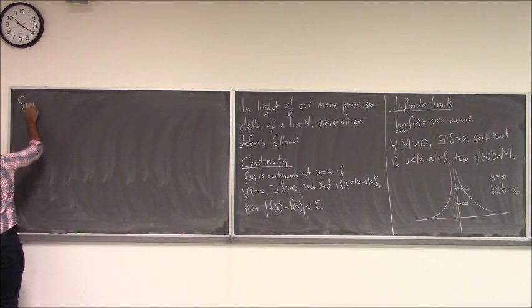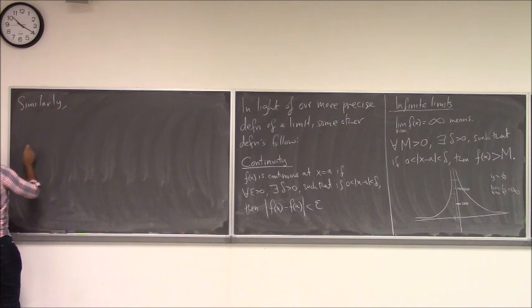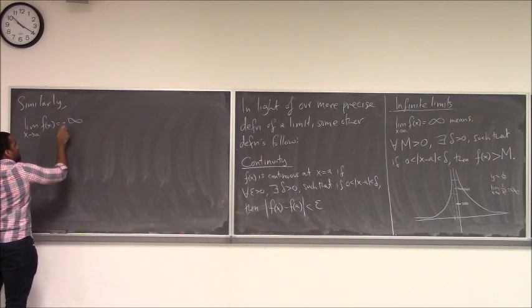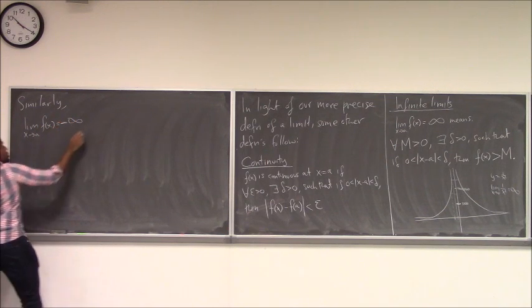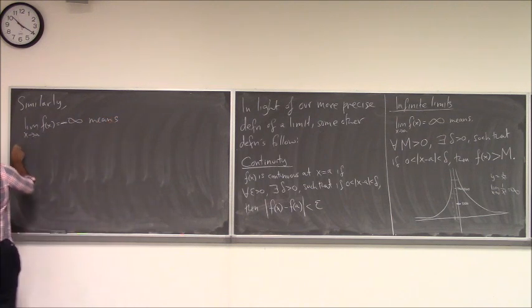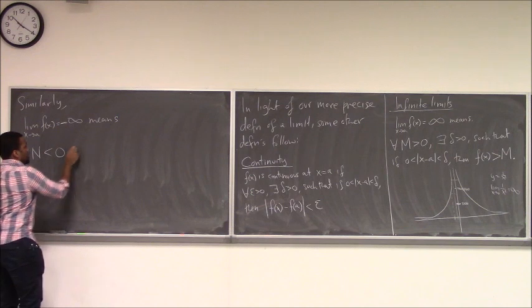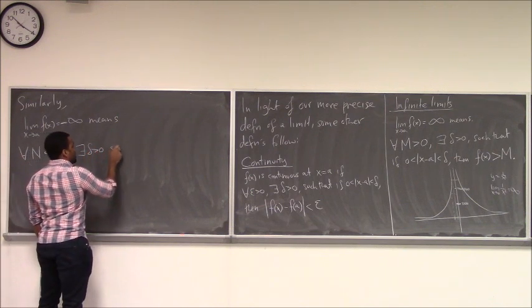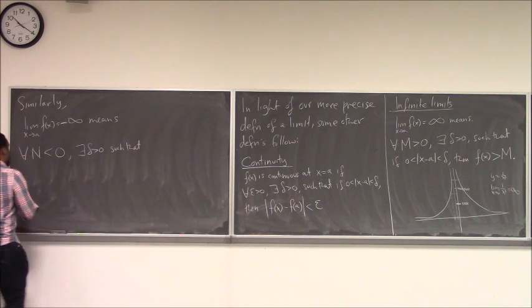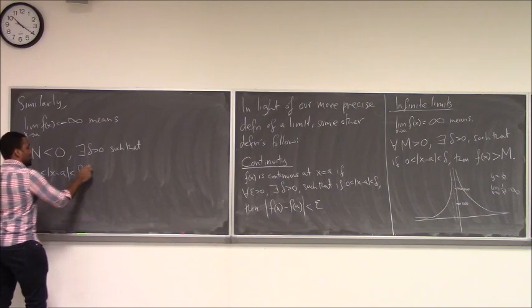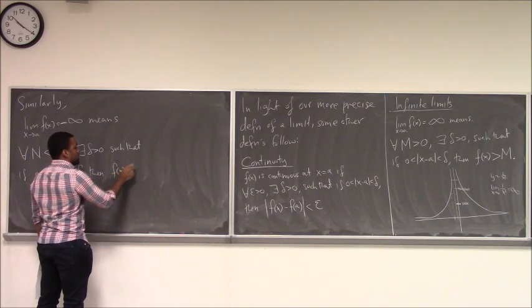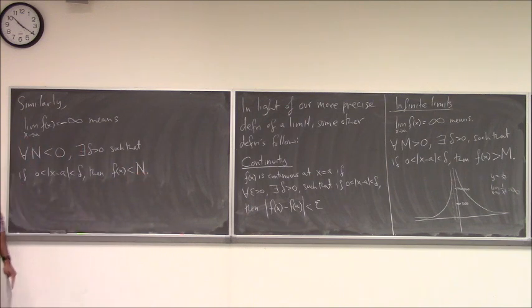Similarly, to say that a limit is negative infinity means for all numbers less than 0 that you can give me, no matter how negative, there exists a delta greater than 0 such that if I let my x values get close enough to a by that delta, then my y values will actually be smaller than whatever negative value you give me.